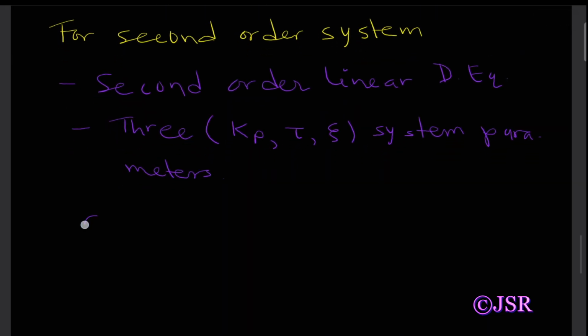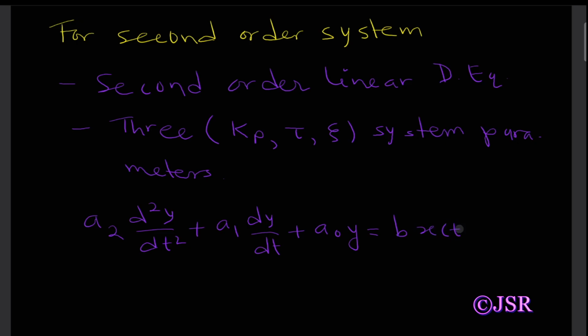So let's assume that the second order system is described by a second order linear differential equation a2 d2y by dt square plus a1 dy by dt plus a naught y equals b small x of t.